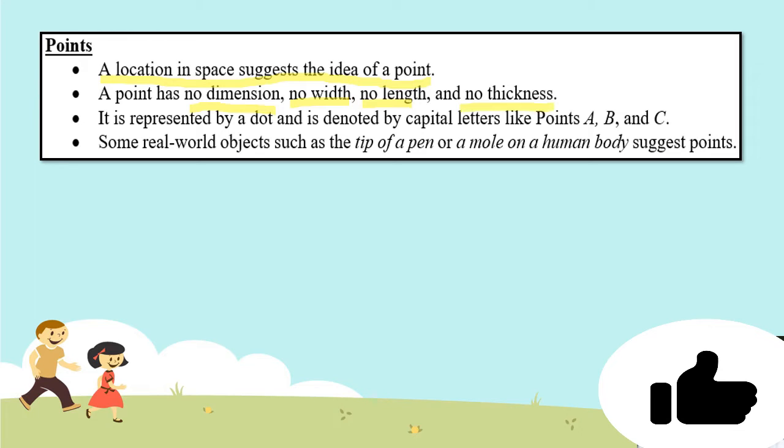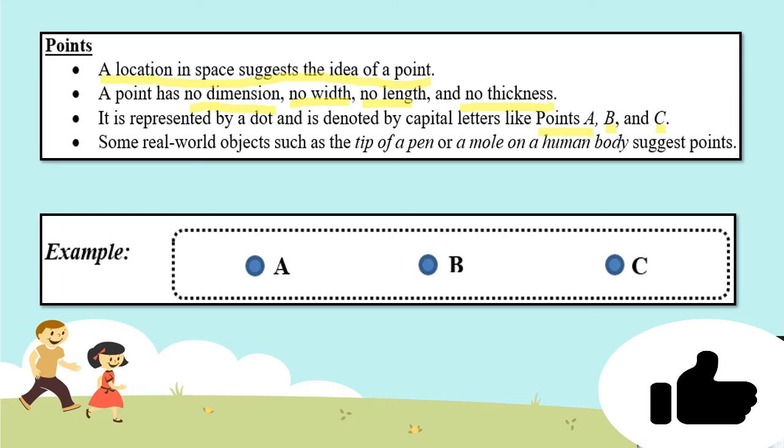It is represented by a dot, and it's denoted by capital letters like point A, B, and C, or any letters to represent a point. Some real-world objects, such as the tip of a pen or a mole on a human body, suggest points. Those are examples of a point in real-life situations.